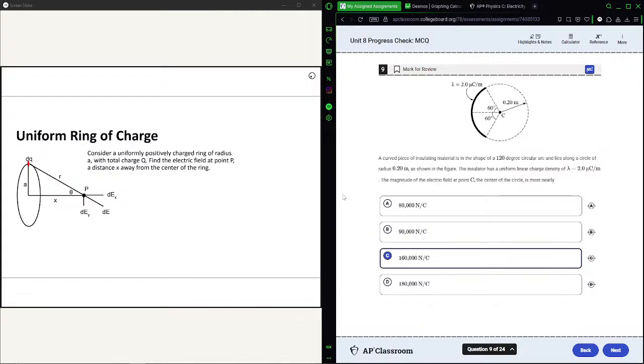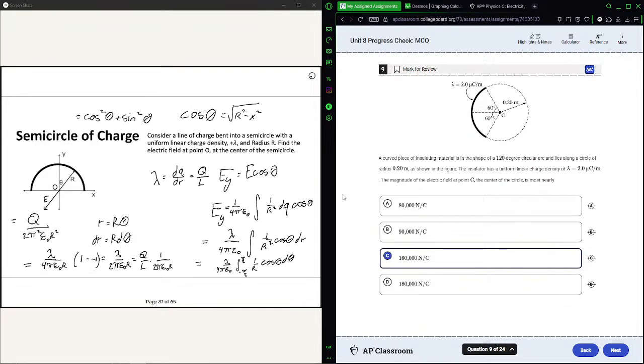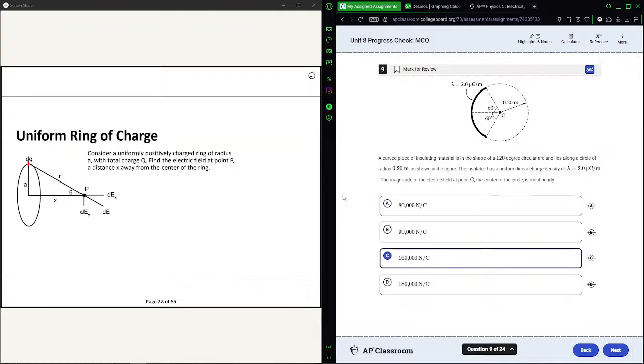All right, so let's see. We're doing this ring here. That's almost the same as this semicircle. Let's recognize that we're only going to look in the x direction. That's the important thing, right? Only this direction, because the y directions will cancel each other out. So remember that the x component of a vector, Vx, is equal to v cos theta. That's important to note.